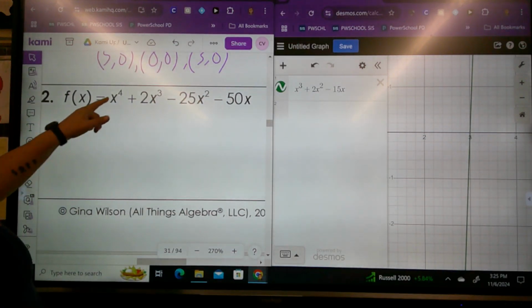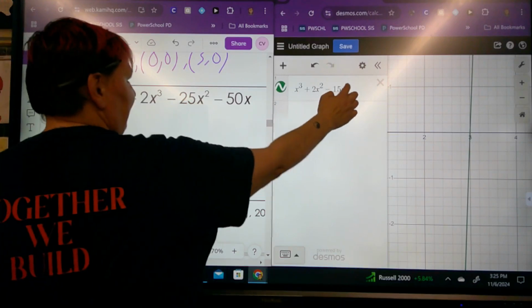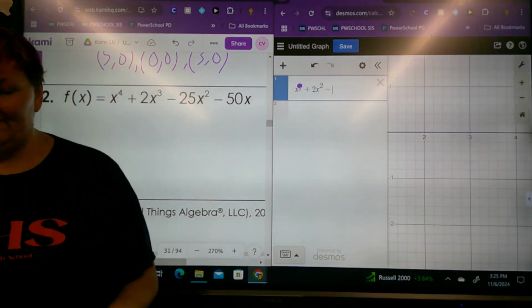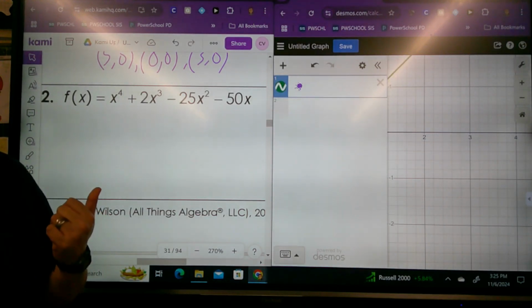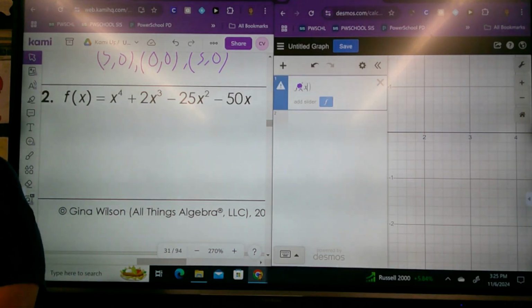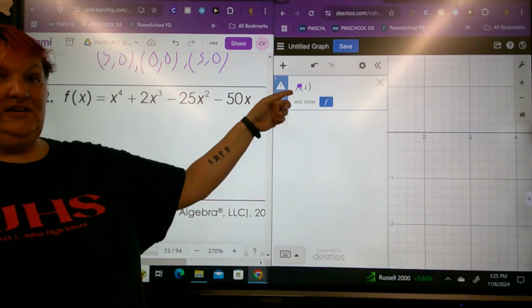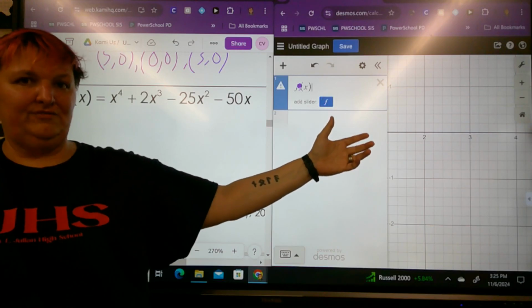Now this one's gonna, oh my gosh, to the 4th power. I wonder what that's gonna look like. Let's find out. But yes, it'll work without the function notation. Though I do want you to get in the habit of using it, because when we start putting information in the parentheses, it will graph it automatically for you.